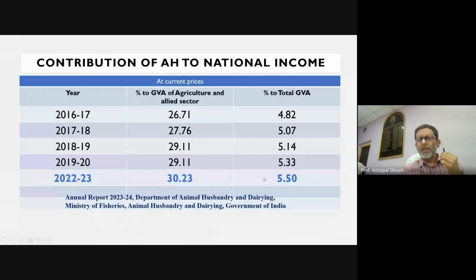But the budgetary allocation to the animal husbandry sector is not according to this proportion. Though the budgetary allocation is less as per the proportion, its contribution is increasing years after years.